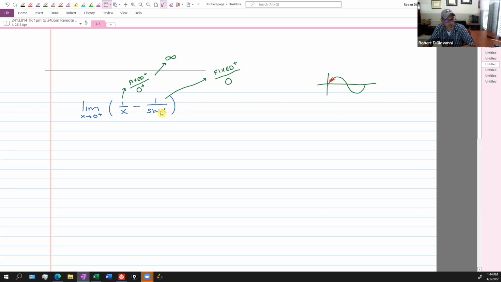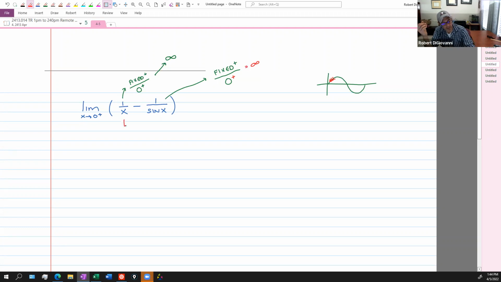These values on the sine function are positive. They're above the x-axis. So yes, the denominator is going to 0, but they're always positive. So again, I get positive infinity there.